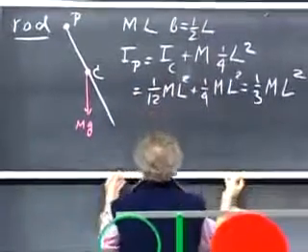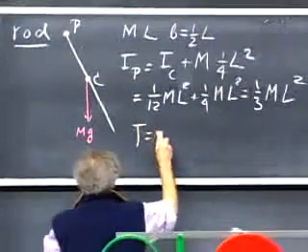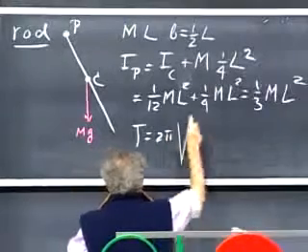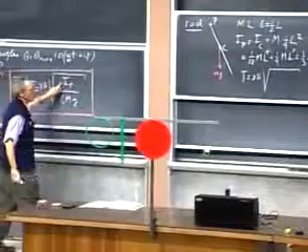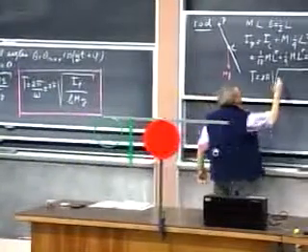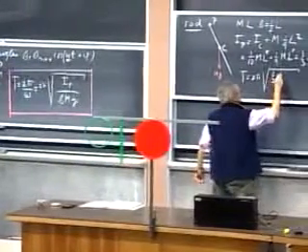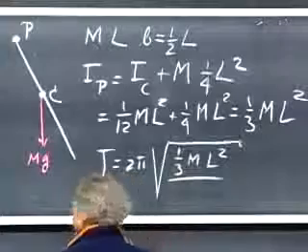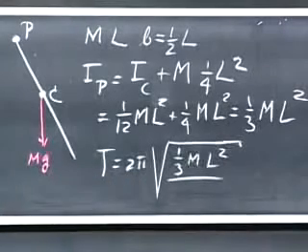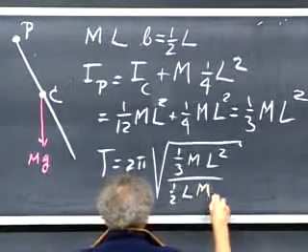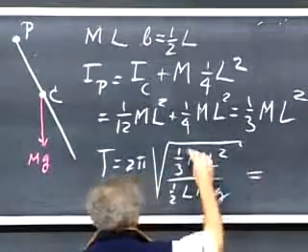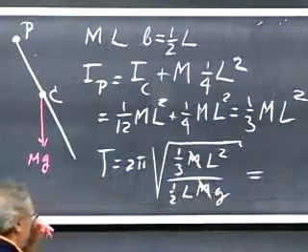And so the period T becomes 2 pi times the square root of this moment of inertia, which is 1/3 m L squared, divided by B m g, and B is 1/2 L for this geometry. So 1/2 L m g, and notice indeed, as I anticipated, you always lose your m.